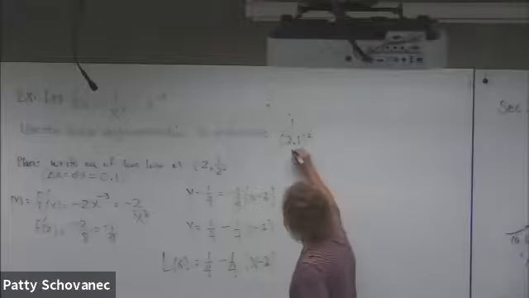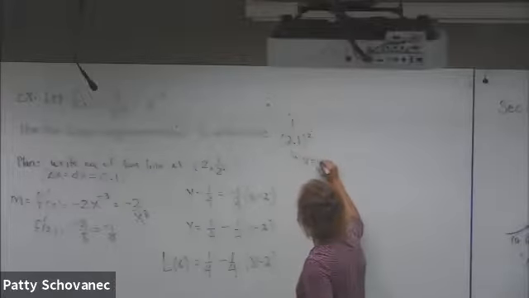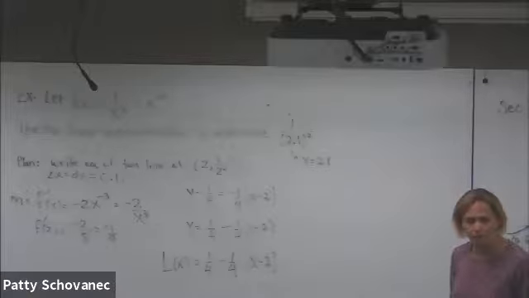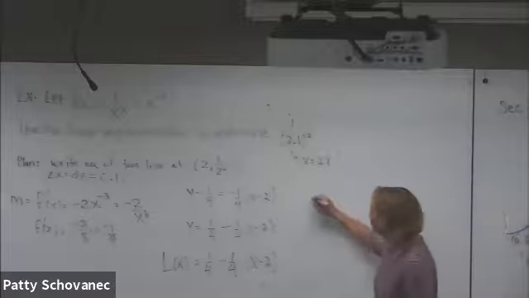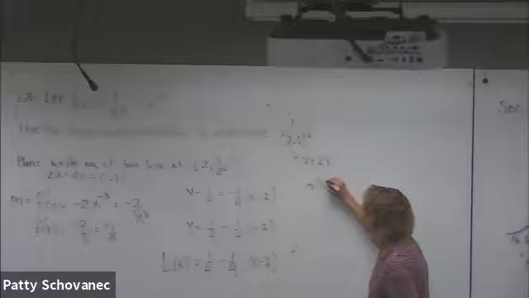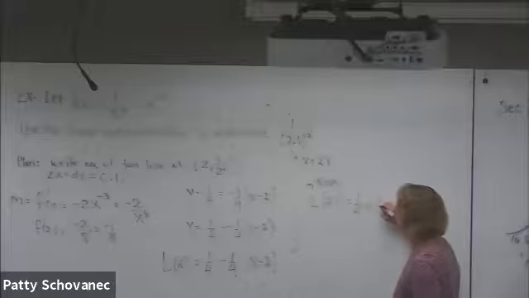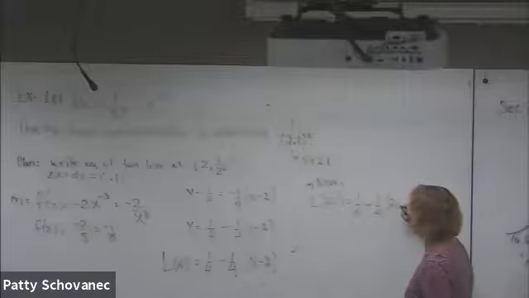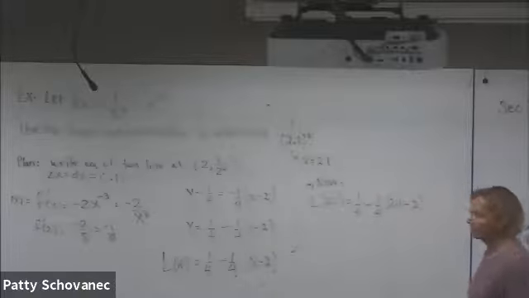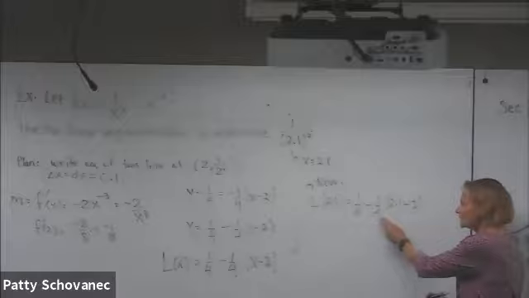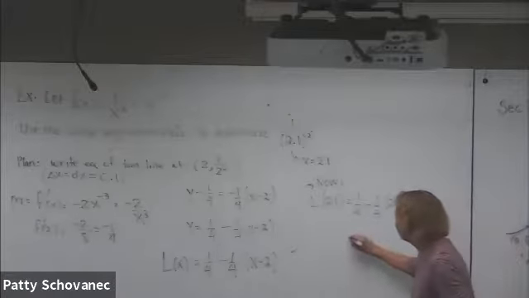So now we're going to take x to be 2.1 and find the value of this linear approximation at 2.1. L of 2.1 looks like 1/4 minus 1/4 of 2.1 minus 2. So that's just 1/10 in here. 1/10 times 1/4 is 1 over 40.